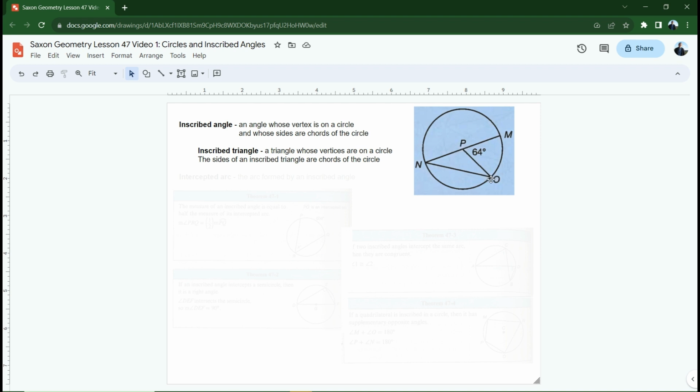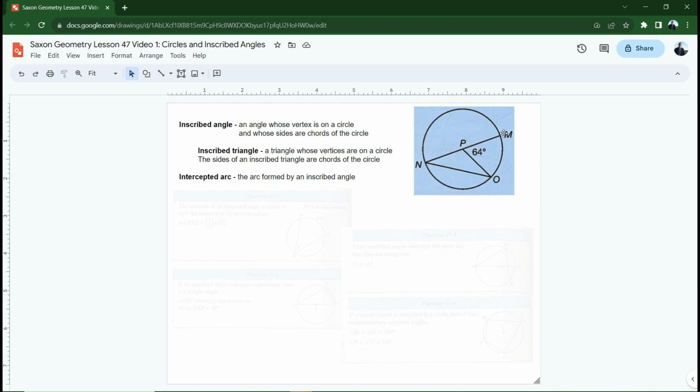This would not be an inscribed triangle. However, if I drew a chord from O to M, then the triangle MNO would be an inscribed triangle because all the vertices are on the circle and the sides are chords. Notice that NP is a radius, not a chord. OP is a radius, not a chord. And then when we talk about intercepted arc, the intercepted arc is the arc formed by an inscribed angle.